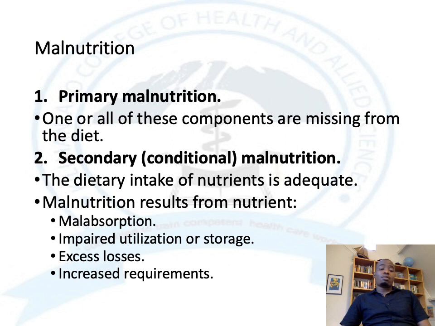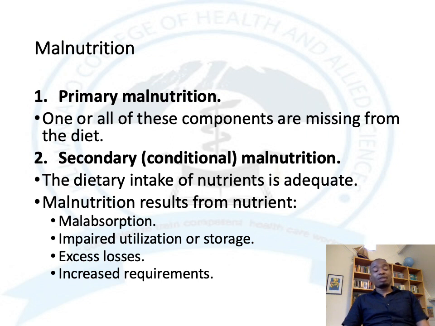Number one component of nutrition pathology is malnutrition. Here we are speaking of primary malnutrition and secondary or conditional malnutrition. In primary malnutrition, one or all of these components are missing from the diet.